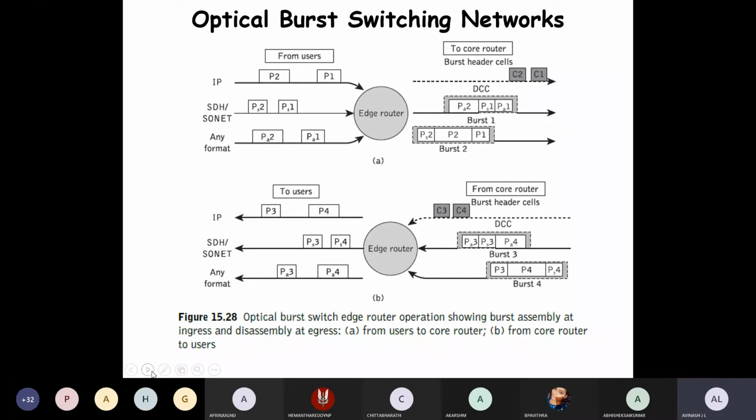And from the core router, which is like a server, you can also see how the data will be passed to the end users. IP, SDH, SONET, any format you can see.